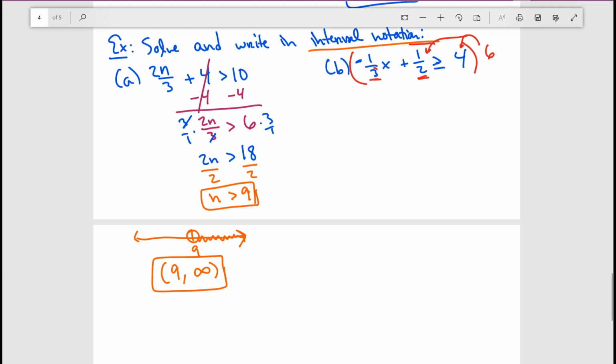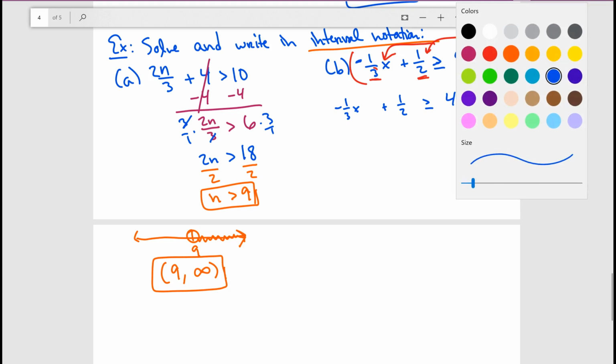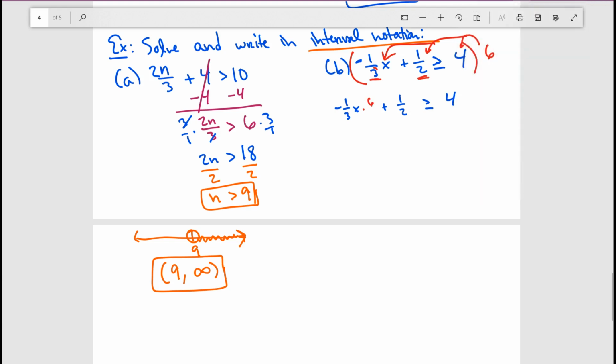So I'm going to take this 6 and distribute it. So I'm going to have this negative 1/3 x, everything the same, plus 1/2 greater than or equal to 4. And every single term is going to get a 6, so times 6, times 6, times 6. I'm going to put them over 1 so that I can write them as fractions.